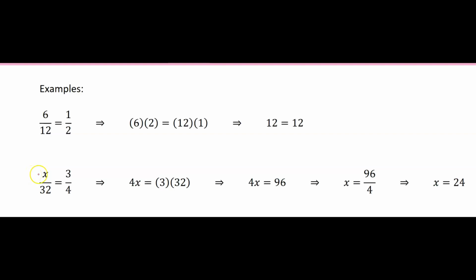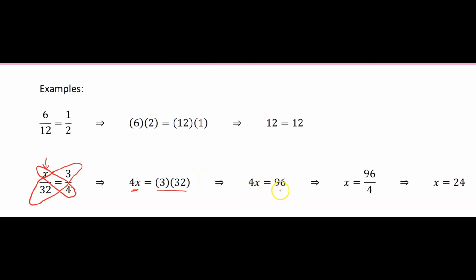And so we will set cross products equal, and I generally begin with the product that involves my unknown. So I will do 4 times x first. That puts it on the left-hand side. And then we will set the other product equal to it. 3 times 32. I've just written it out. You don't have to write it if you're going to do that part in your head.